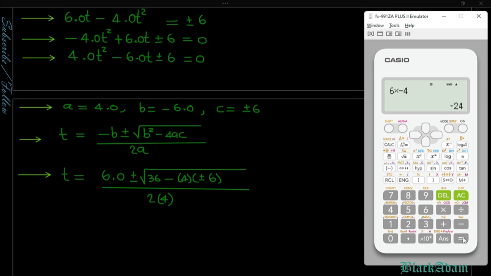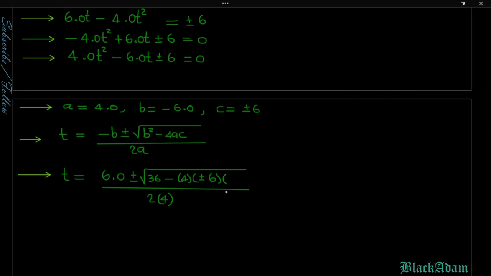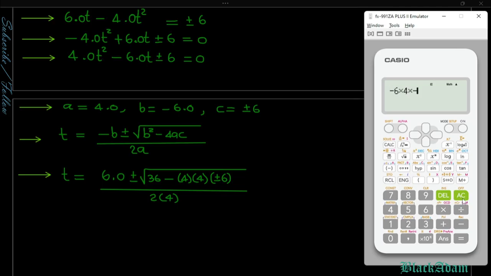Checking our answers, sometimes you make some errors. I think I can identify the error: we need to add a 4, so we have 4 times plus or minus 6, all over 2a, because we didn't put it, we just put the c with the 4.